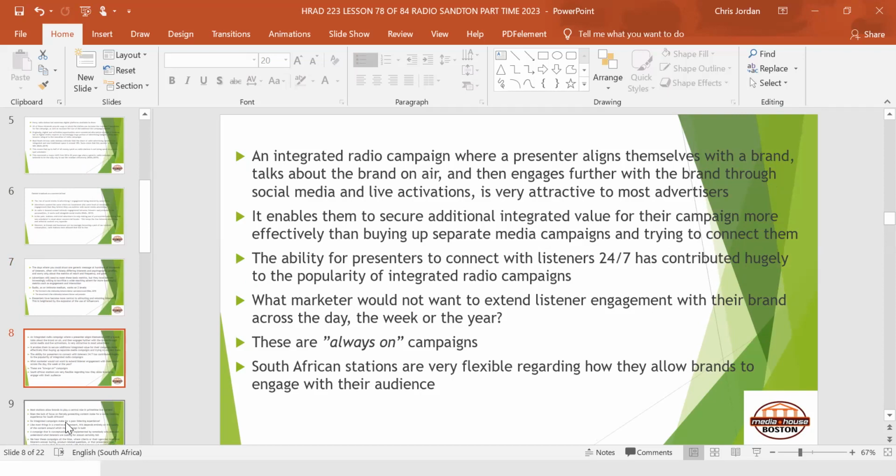It enables them to secure additional integrated value for their campaign more effectively than buying up separate media campaigns and trying to connect those dots. The ability for presenters to connect with listeners 24/7 has contributed hugely to making this very attractive and almost mandatory in a way.